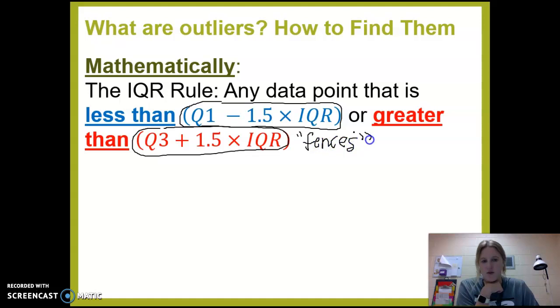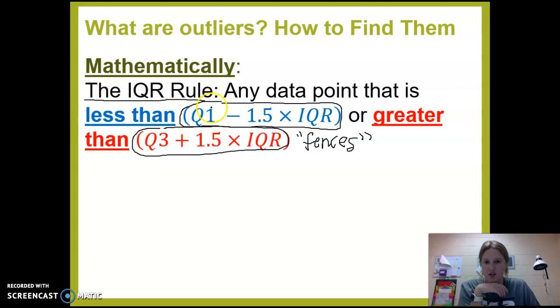And so what that means is this is the lower fence. You're gonna get a number here. Any outlier that's less than that, okay, that's definitely an outlier. Any data point that's greater than this number, that's the upper fence, that's an outlier. Okay, so you're essentially like fences or like brackets or boundaries, whatever you want to call them. But the IQR rule tells you how to calculate these fences, okay?